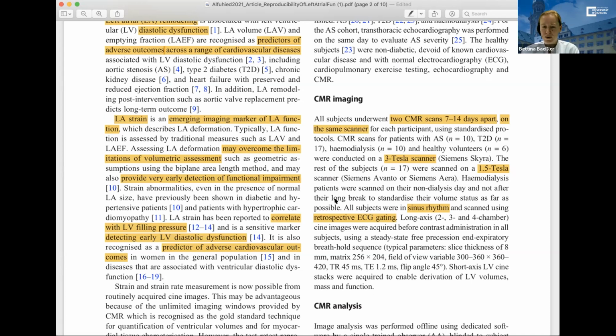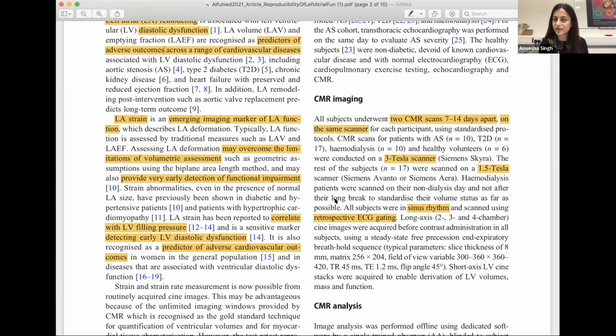What is your feeling? You said that other software solutions might deliver different results. Do you have a feeling on that issue? Did you try other software versions? Because I did, and I found quite large differences between them, but I would be interested if you also did. This is something we are looking at, not so much for LA strain so far, but we have looked at LV strain with different software.